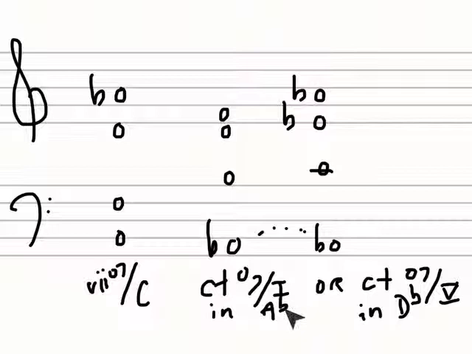So we can use this in the key of A flat as a common tone diminished seventh of 1, or in the key of D flat as a common tone diminished seventh of 5. So now, in addition to C, I'm adding the keys of A flat and D flat as well.